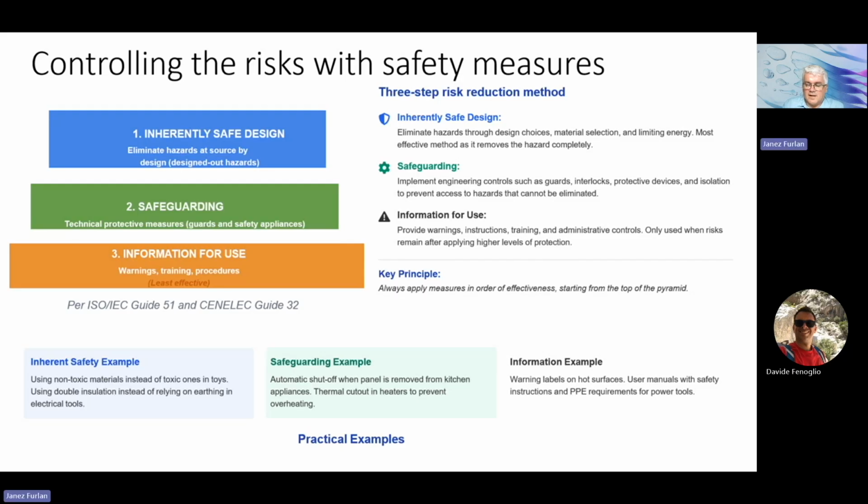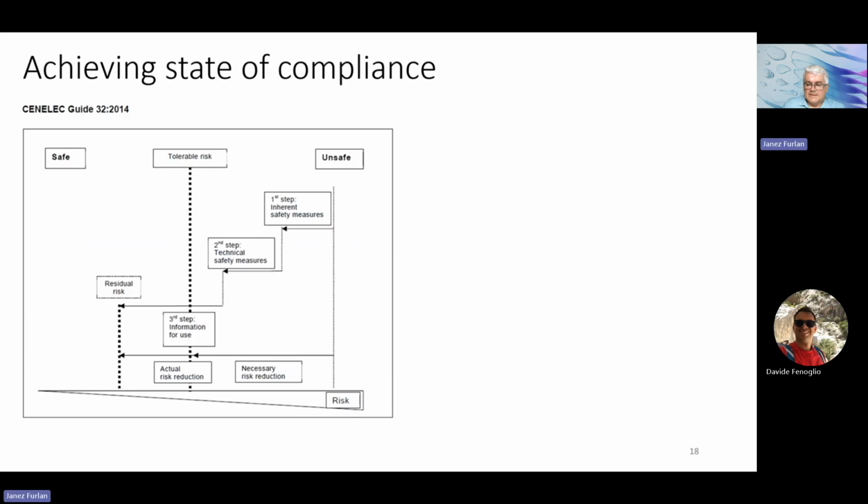So when we are left with no more technical safety measures, we can only then inform the users via warnings or instructions for user training about the residual risks. Typically, these are warning labels in the form of pictograms, very standardized warnings, and so on.